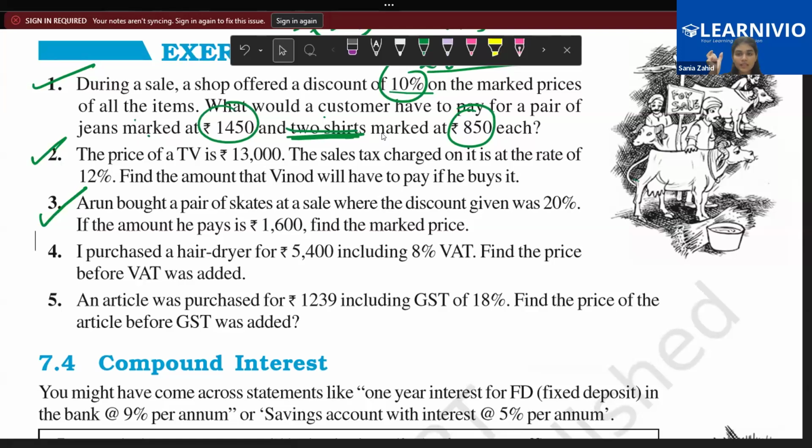So, children, 13,000 is the price, and there is a 12% tax on it. So, find 12% of 13,000. That will give you the tax amount, and then just add it to the original amount. Whatever answer you get, you add it to 13,000.